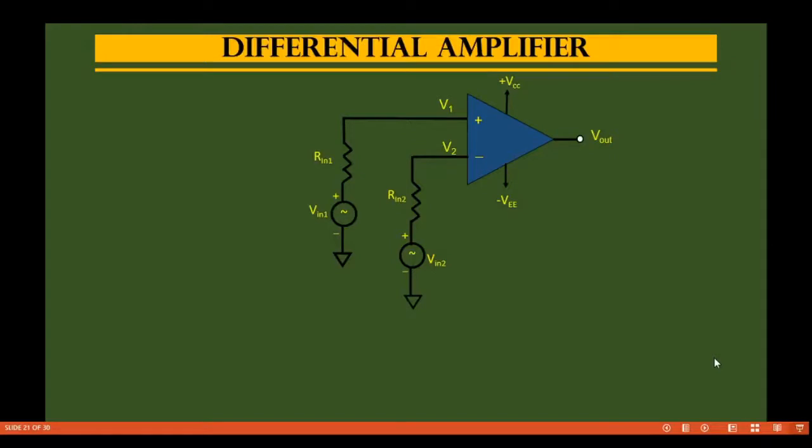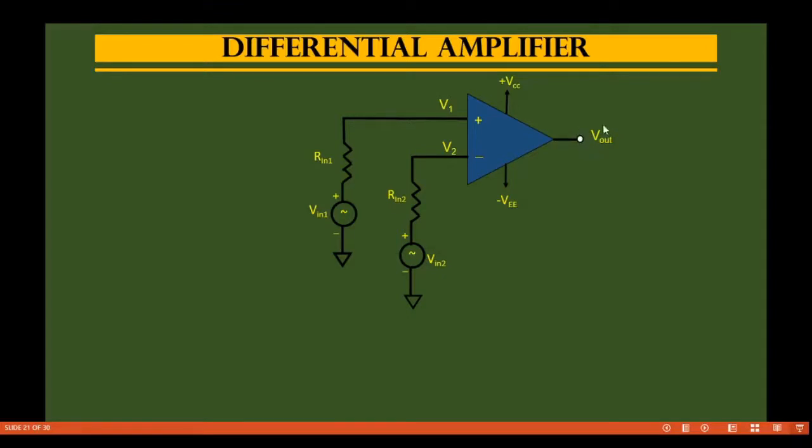Now we'll consider the first type, the open loop differential amplifier configuration. As I have earlier said, in the open loop configuration, there is no connection between the output and the input. So in this case, we are applying two inputs, Vin1 and Vin2. Vin1 we are feeding at the non-inverting terminal, and Vin2 at the inverting terminal, and we are measuring the output voltage.